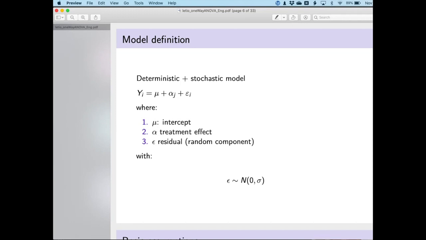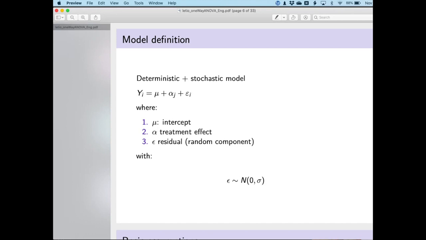And that's the effect of treatments. Every observation has its own effect, but observations belonging to the same group, to the same treatment, will share a common alpha value, right?